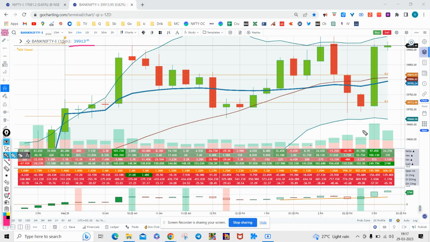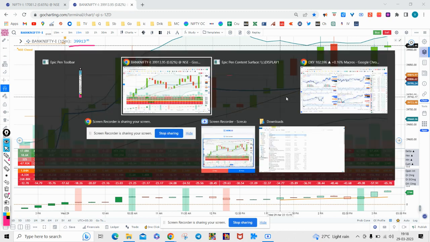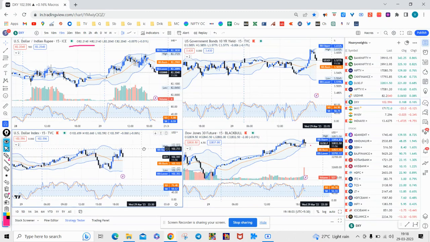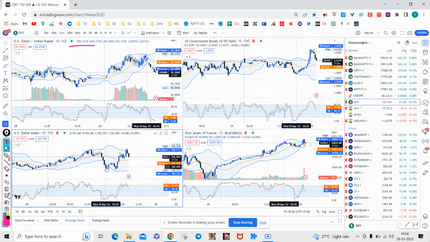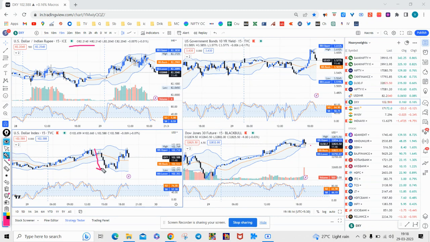But why I was very apprehensive in this down move is because although the trade was on till VWAP, the context slightly changed at this point. The macros I was observing showed a sharp fall. There was a waterfall kind of scenario in the dollar index. This was at around 2:30. In fact, from 2:15 itself, the dollar index started to go down, and the Dow future was going up.